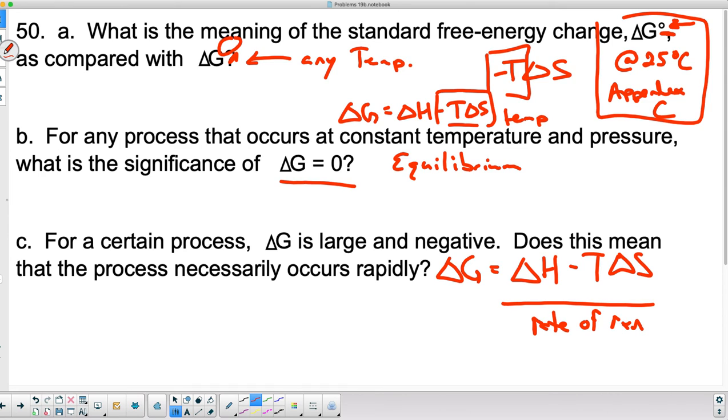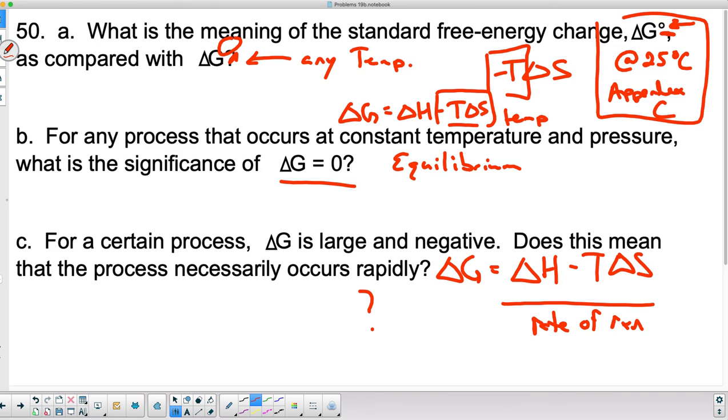So the rate of the reaction is still unknown. If delta G is negative, that means it happens spontaneously, but it does not mean it happens quickly. Even if it's a huge negative delta G, that still doesn't mean that it happens quickly. It just means that it happens very spontaneously.